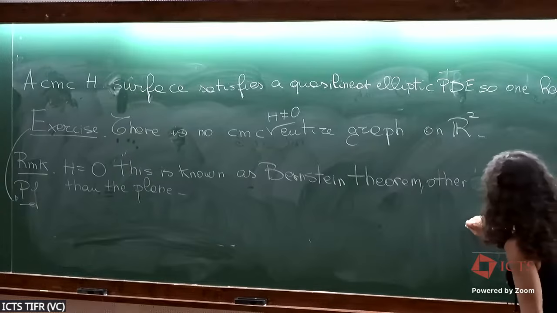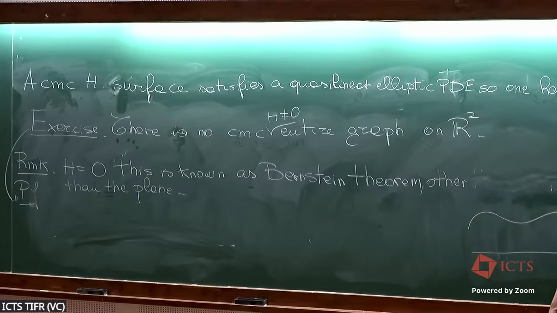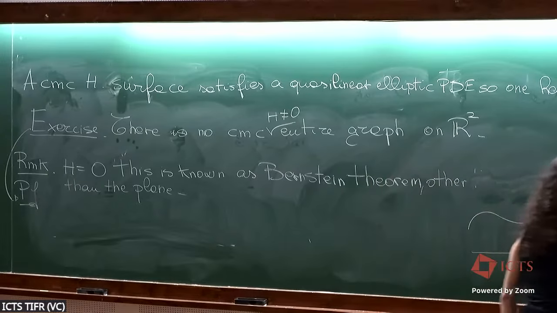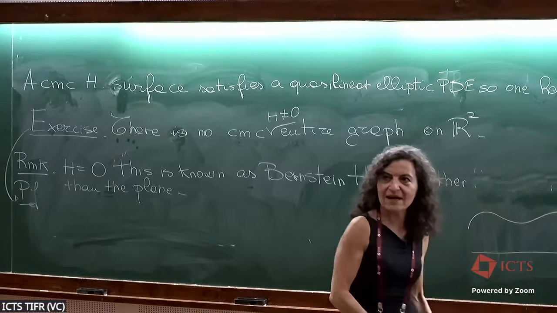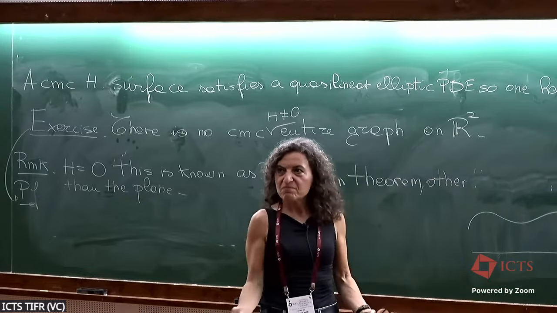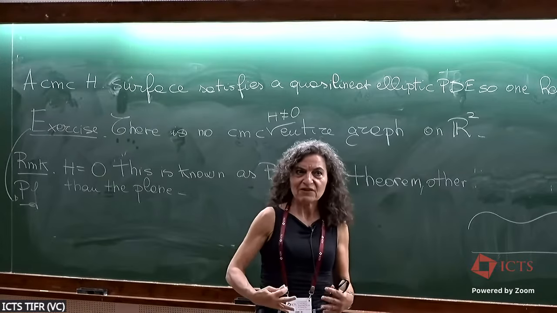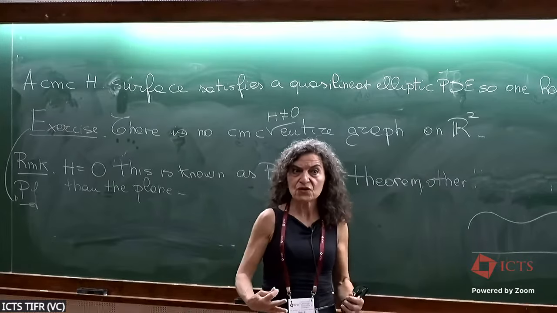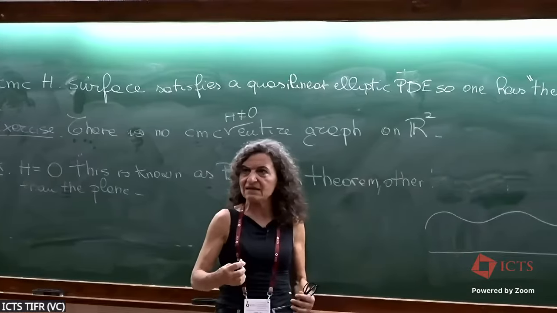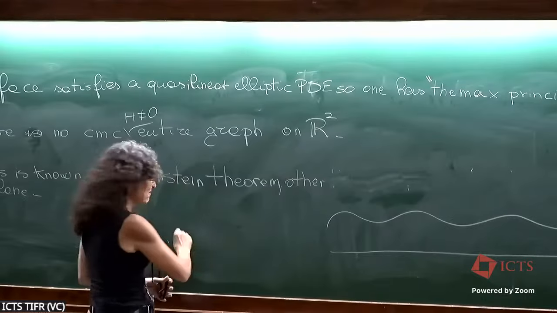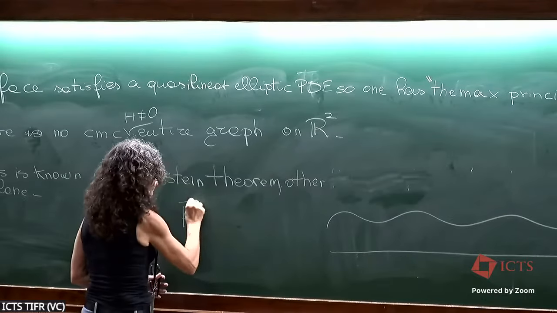Okay, so now in the case of CMC, you have a graph, an entire graph. So, okay, let's go a little bit further. It has constant mean curvature. So constant mean curvature means that the mean curvature vector, that I didn't define, H is the mean curvature vector.